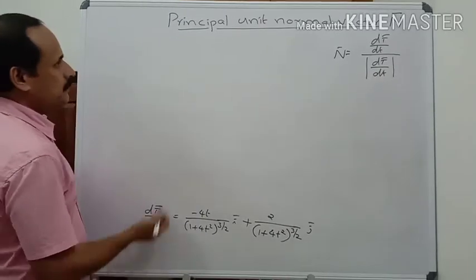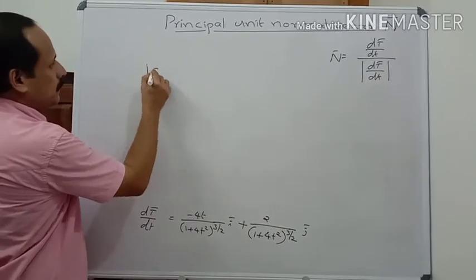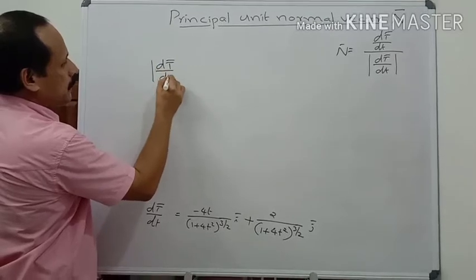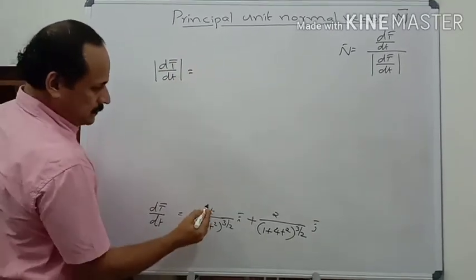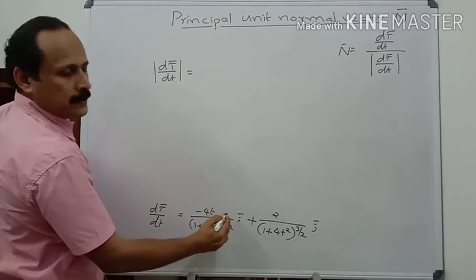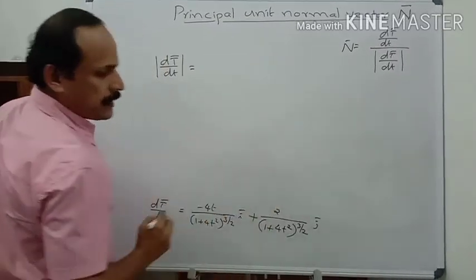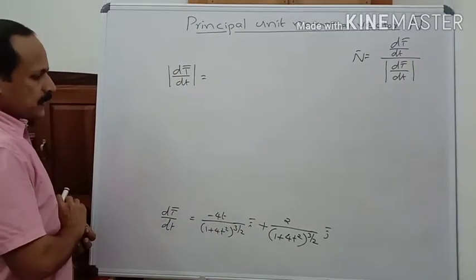From this we find mod dt bar by dt, that is the square of this one plus the square of this one, and take the square root.